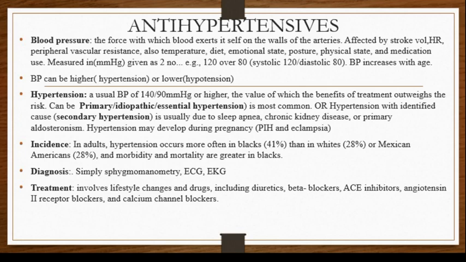Since it is more common in blacks, the mortality and morbidity are also greater in blacks as compared to the white population. We can easily diagnose hypertension by checking the blood pressure with a sphygmomanometer.